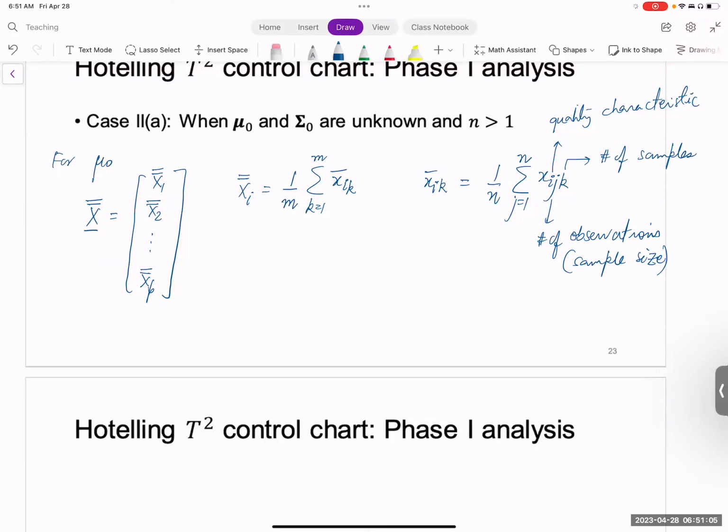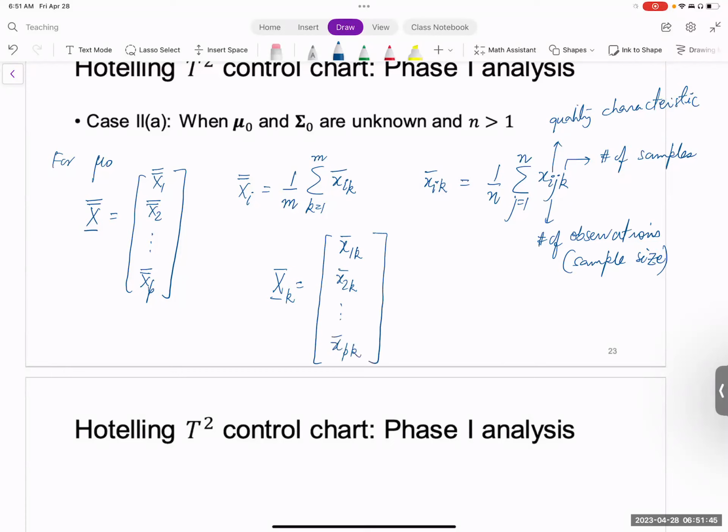All right, good. Now in the exam or even in the assignment problems, I will give you this grand average vector. So you don't actually have to compute them, but I'm showing you how I did those computations. Now you'll need one more thing. You will also need this vector, and again, I'll provide you this vector. This vector is basically x over bar under bar k. This is nothing but x1k bar, x2k bar, dot dot dot up to xpk bar.